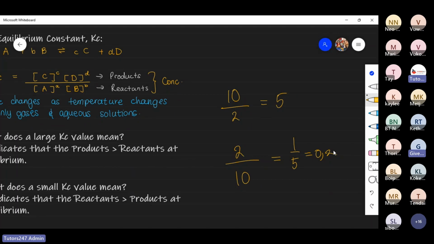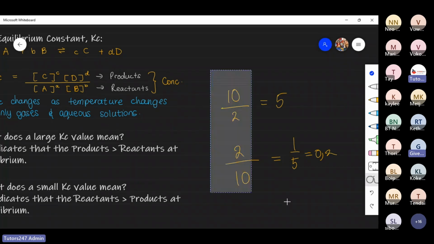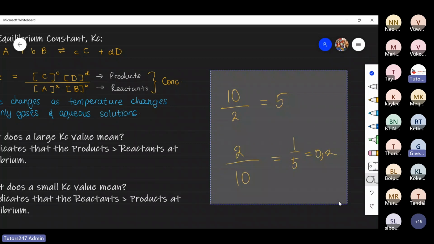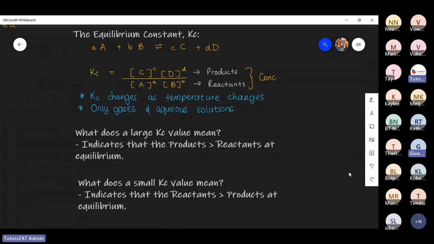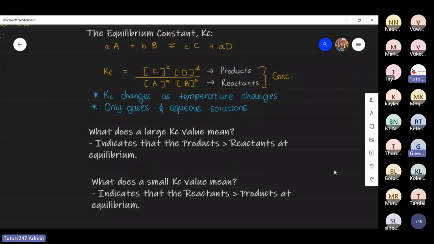And if you have a small Kc value, it means that your reactants, which is your denominator, were greater than your products, which is your numerator. Okay, so keep that in mind. Big Kc value implies products greater than reactants. Small Kc value implies reactants greater than products.